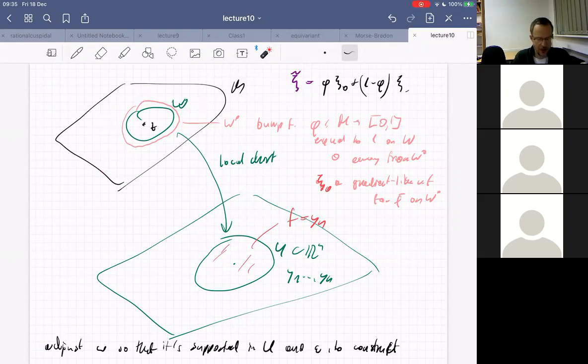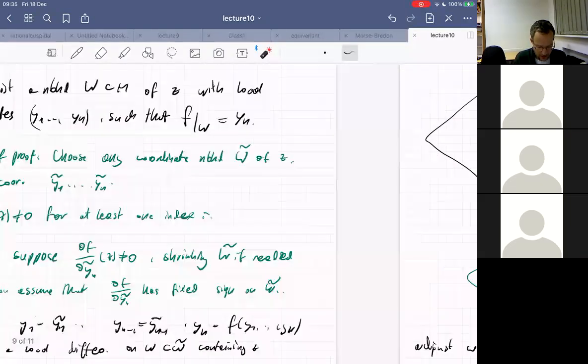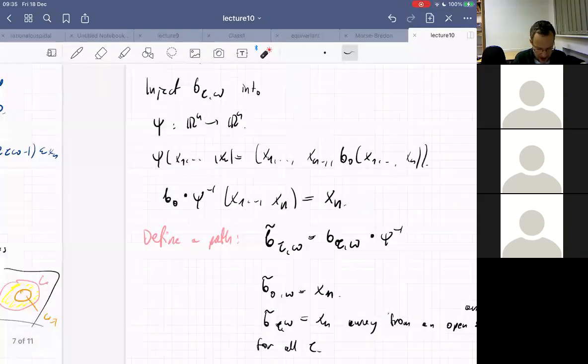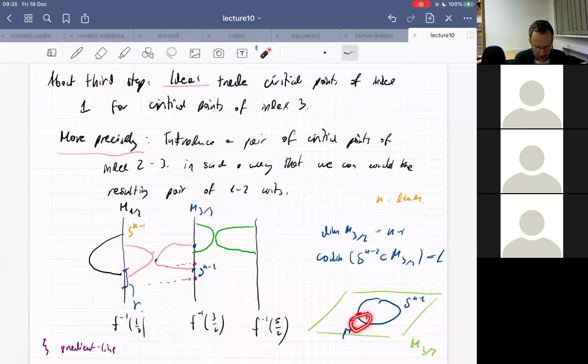Okay, so I spoil my gradient-like vector field in the neighborhood of z, but I keep control over both the function and the gradient-like vector field away from a small neighborhood of z. I want to have that because I insisted before that this circle intersects my ascending sphere of the x1 critical point precisely at one point.